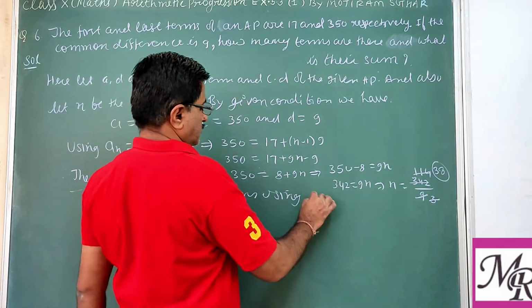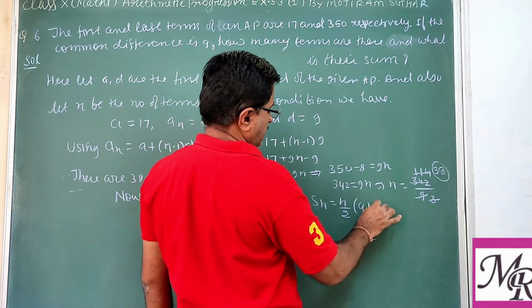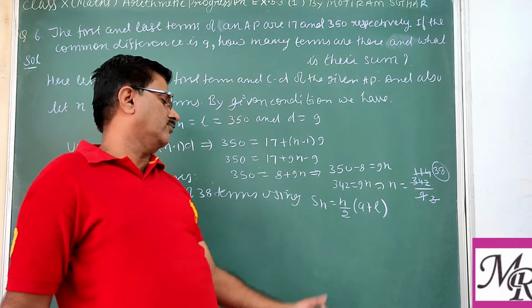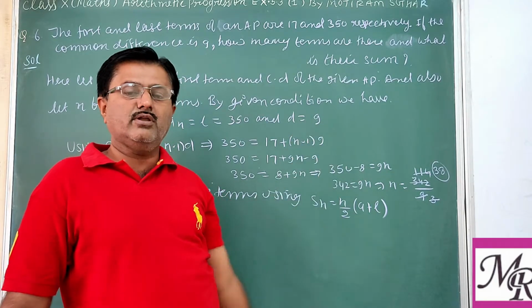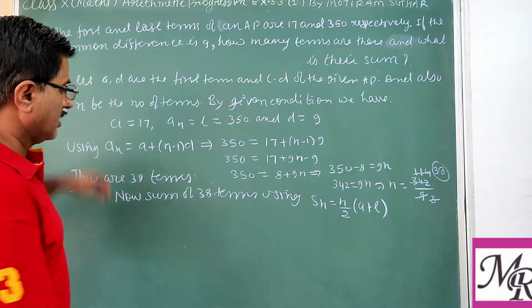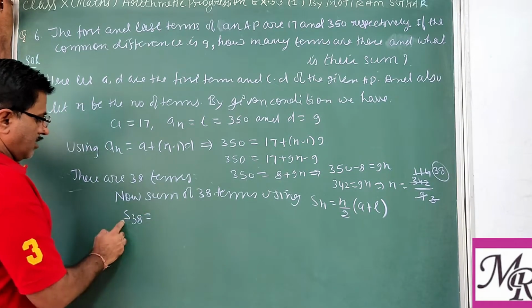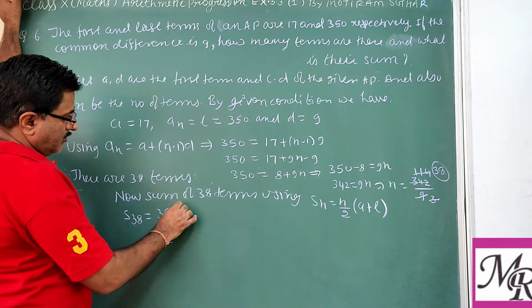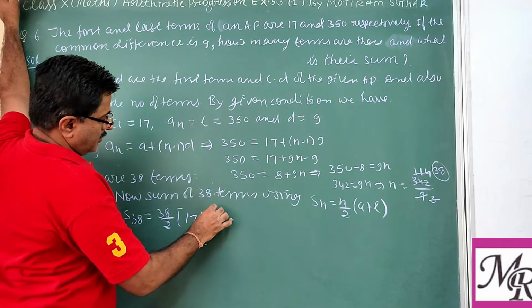So you can use the simple formula S_n equals n by 2 (a plus l), or you can also use the second formula n by 2 [2a plus (n minus 1)d], because d is also given. You can use any one formula. So S_n means the sum of 38 terms, n is replaced by 38, first term is 17, last term is 350.